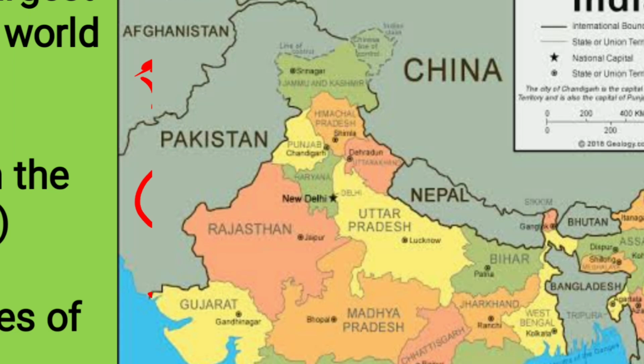This is a small country known as Bhutan. And this is our West Bengal, we live in West Bengal, and Nepal is also a border of West Bengal. West Bengal also borders some part of Bhutan. This is Assam, which also borders Bhutan.